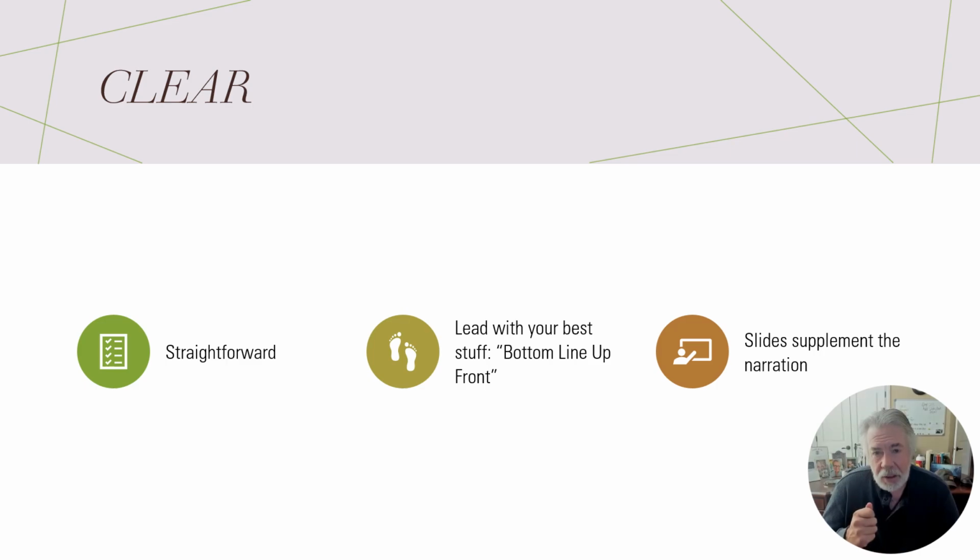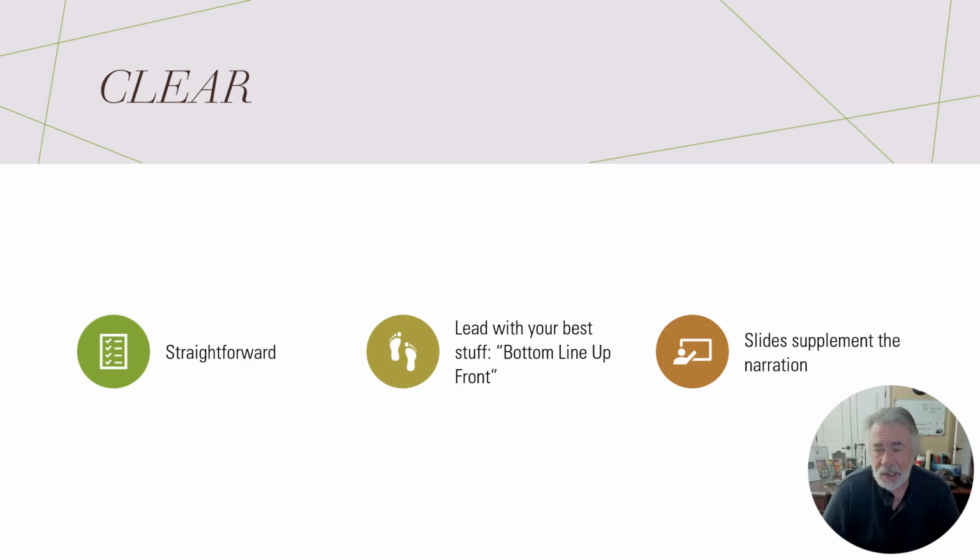So a couple of specific thoughts about being clear for this assignment. When in doubt, go straight ahead. So sometimes we kind of weave our way through our communication. Again, we start with what's the destination and work our way backward in a straight line as much as we possibly can, adding only that information that's necessary.